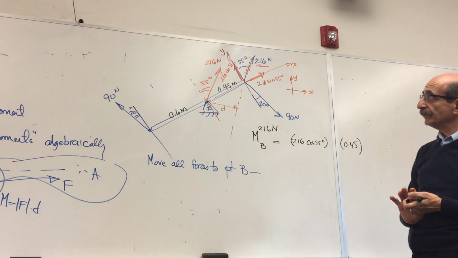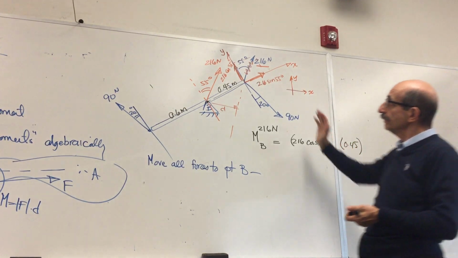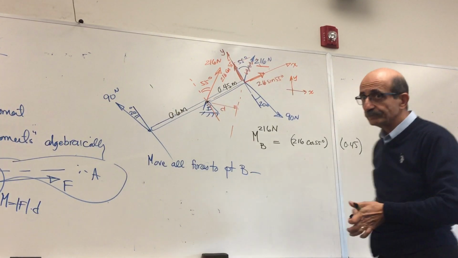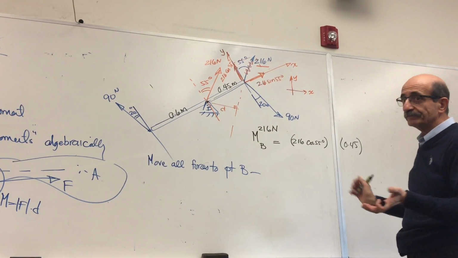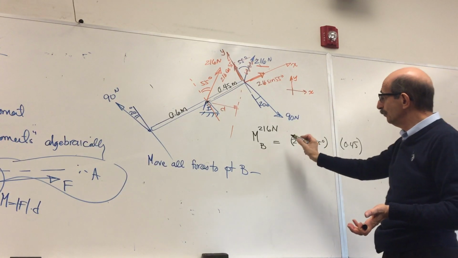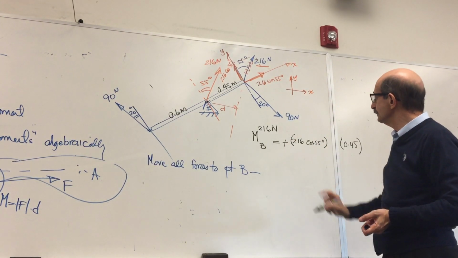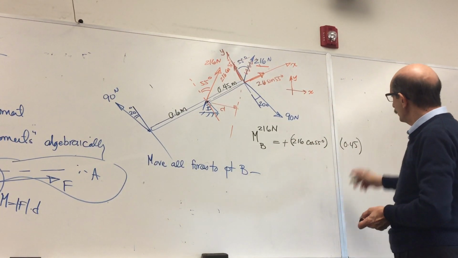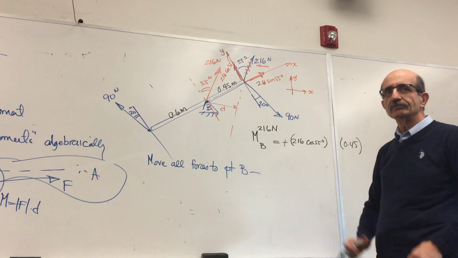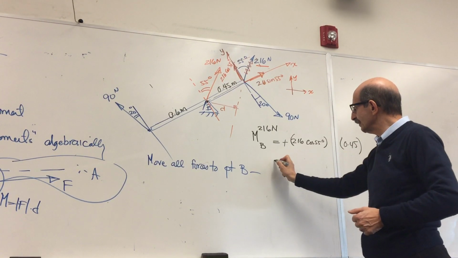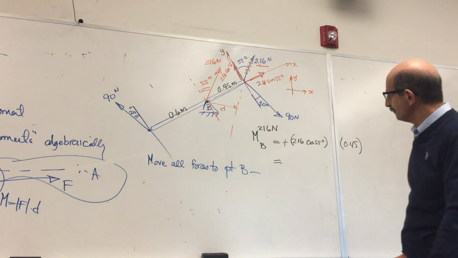And in what direction does it act? Counterclockwise, right? So that would be positive, right? So could you give me quickly how much that would be? Somebody could just do a quick calculation. Okay.